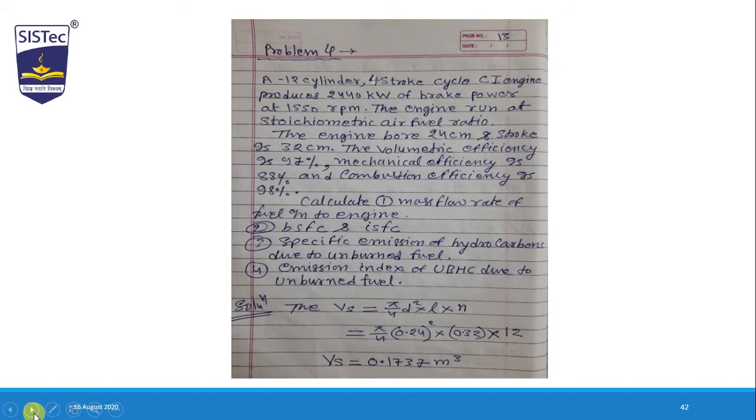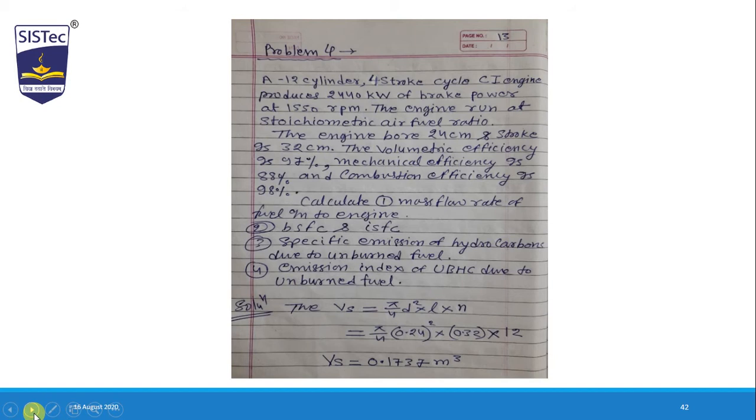So students, here we start with the swept volume, that is pi by 4 d square into L into small n, where d represents the bore diameter of the engine, L represents the stroke length and small n represents the number of cylinders.